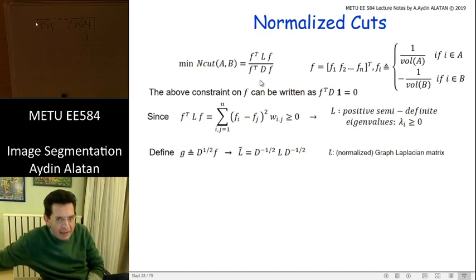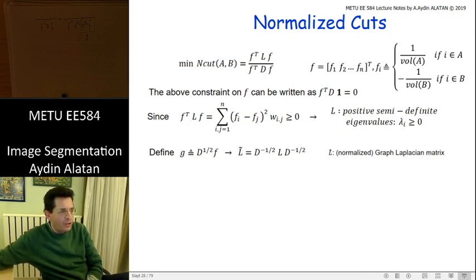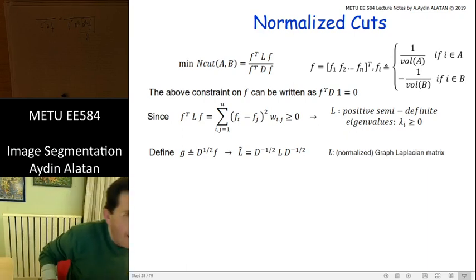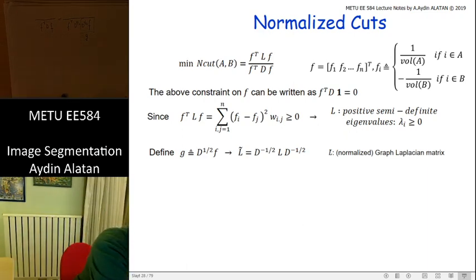Now, the numerator is a little bit tricky. Wherever I see an F, I have to write this thing, D^(-1/2) G. Therefore, from here I obtain this thing. Instead of F, I'm writing D^(-1/2) G, okay?